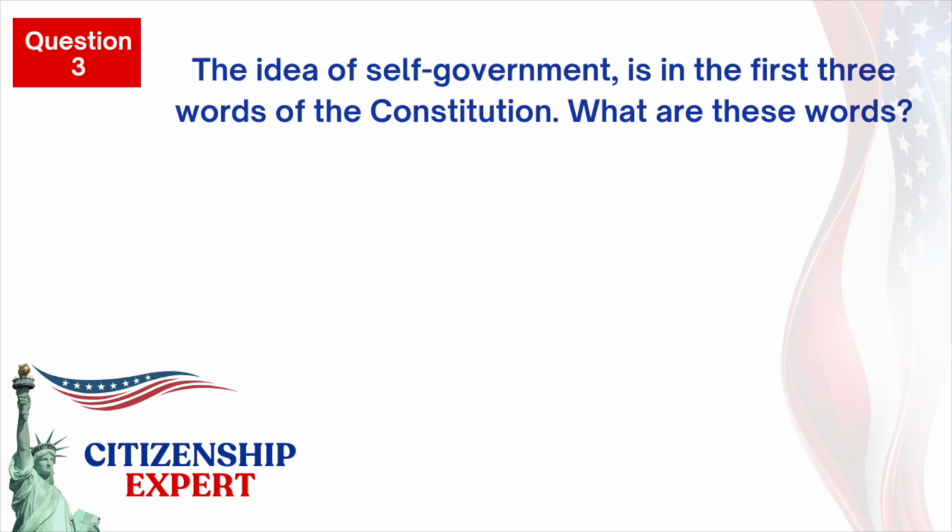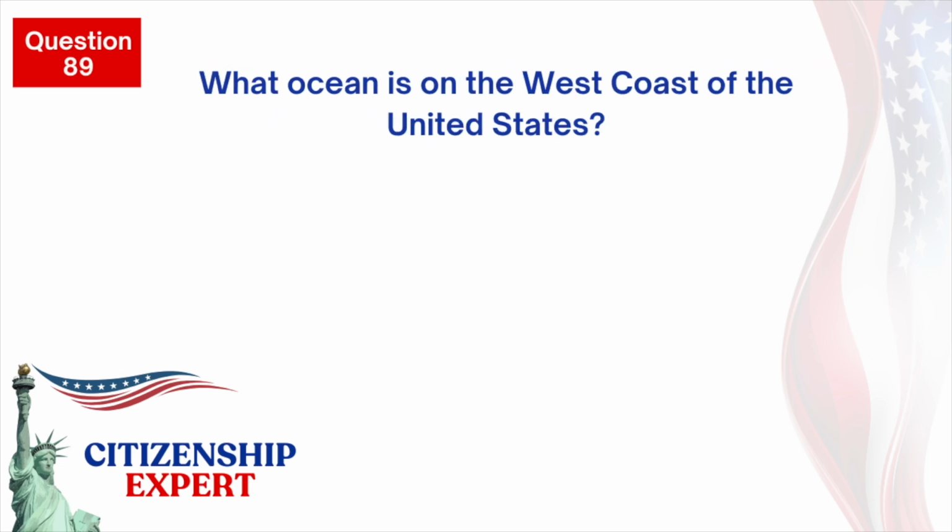The idea of self-government is in the first 3 words of the Constitution. What are these words? We the people. What ocean is on the west coast of the United States?